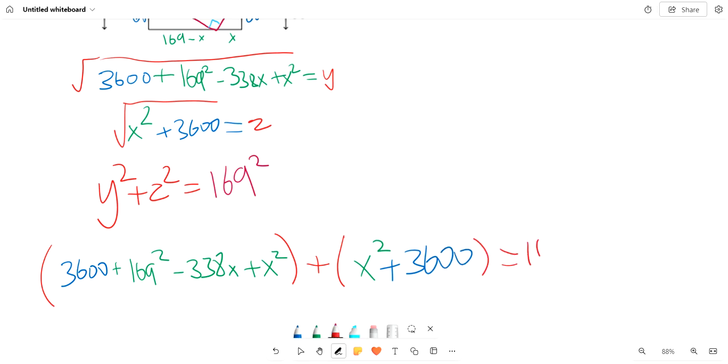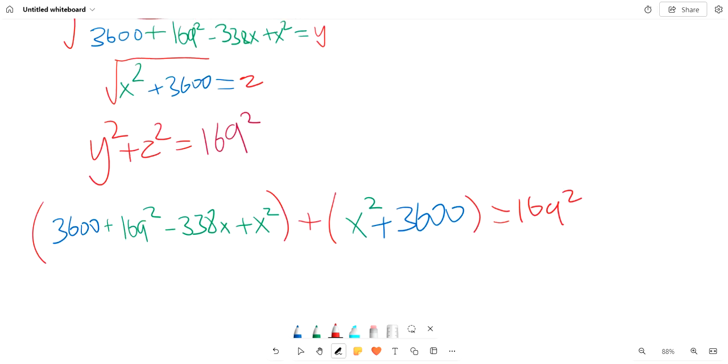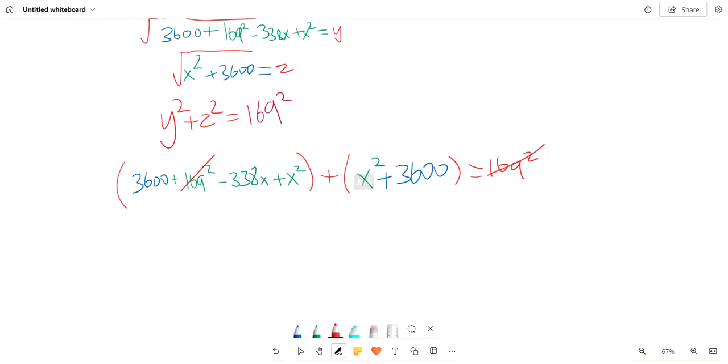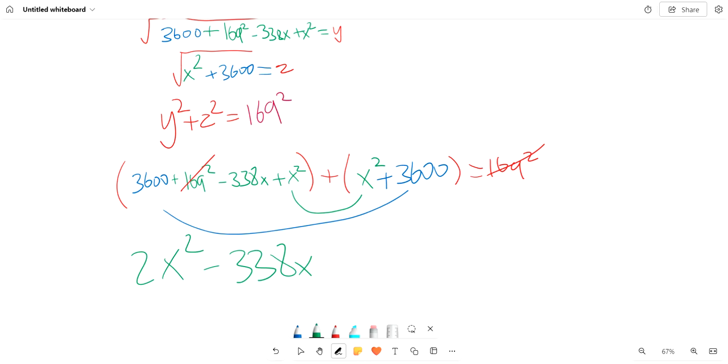And this equals 169 squared. And then we cancel the 169 squares out and combine like terms. So these two become 2x squared, and then we have minus 338x because it's the only x term, and plus 7200.